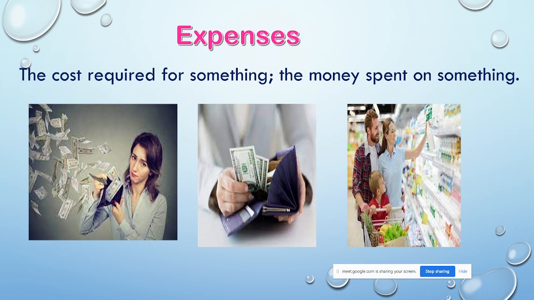When you say expenses, you lose money. From your money, you pay to another person. You give to another person. When you say income, you receive money. When you say expenses, you lose your money. You use your money.